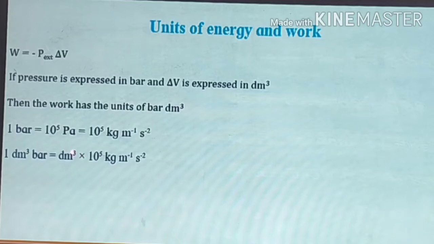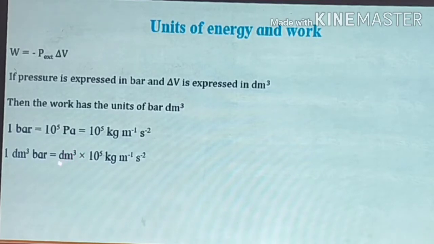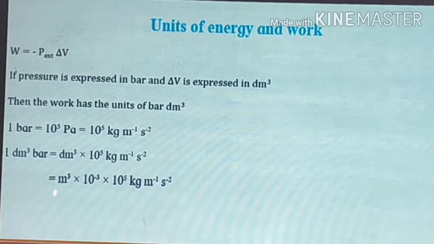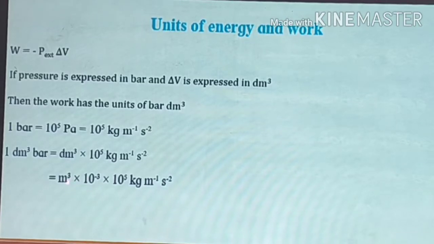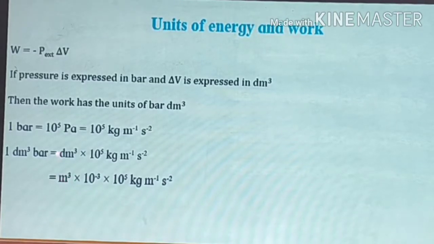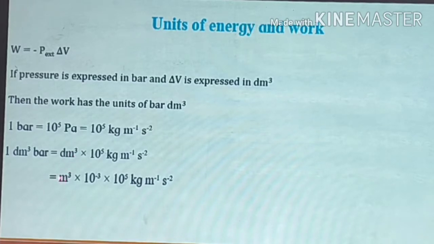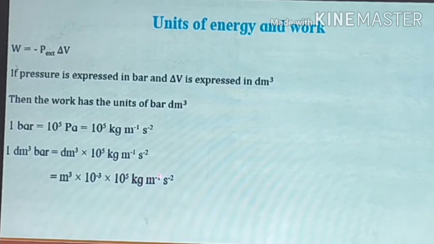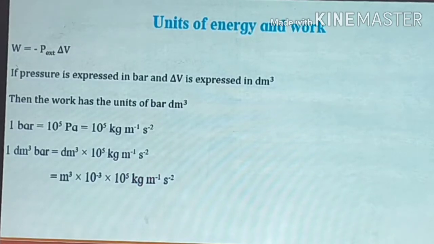But remember, pressure is in terms of meter and volume is in terms of dm cube. So this dm cube, now we will convert it into meter cube. And what do we get? 1 dm cube is equal to 10 raised to minus 3 meter cube. So instead of dm cube, we will write meter cube into 10 raised to minus 3. This 10 raised to 5 kg per meter per second square remains as it is.